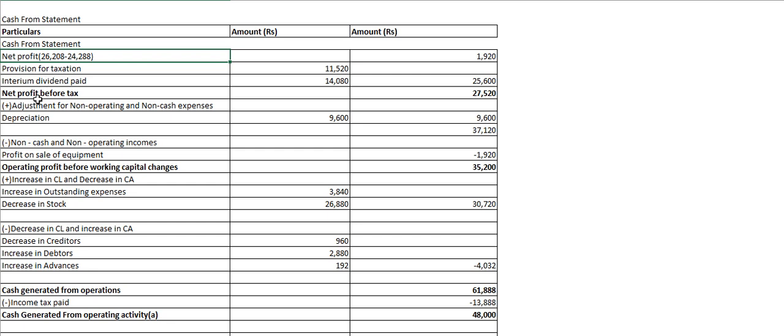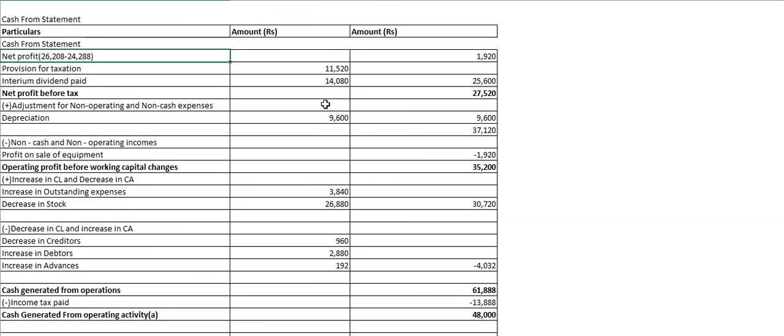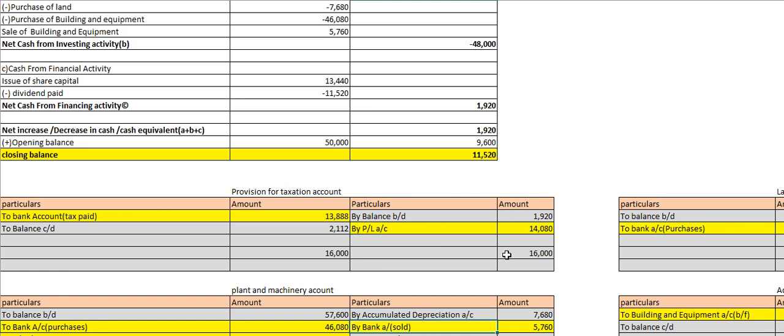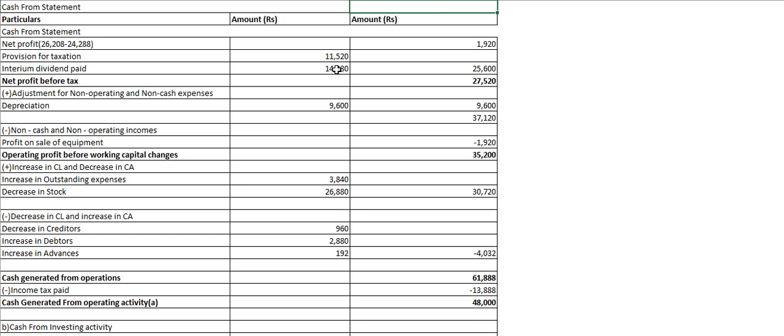So if you see in the question, we have the provision for taxation which is made for the current year. So in your provision for taxation account, if you see, the current year's provision is 14,080 and the tax paid is 13,888. Only the provisions for taxation for the current year that will be considered, which is 14,080.